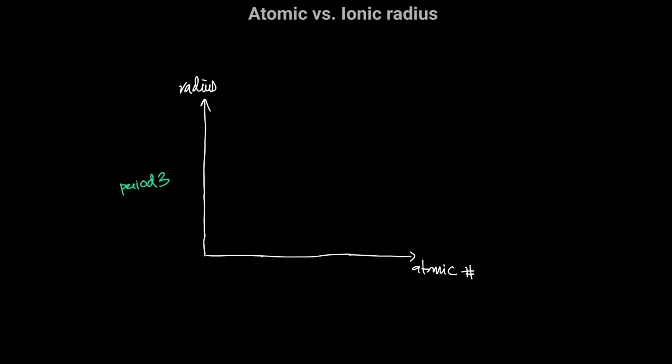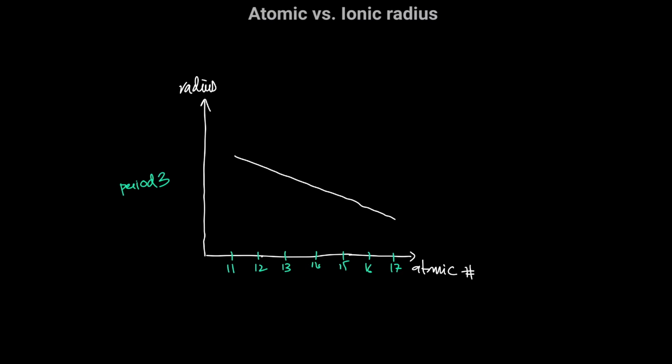We've already learned that the atomic radius decreases across the period, because the nuclear charge increases and the number of shells remains the same. So the outer electrons are attracted more strongly and held closer to the nucleus. We see this consistently decreasing trend in the atomic radius.